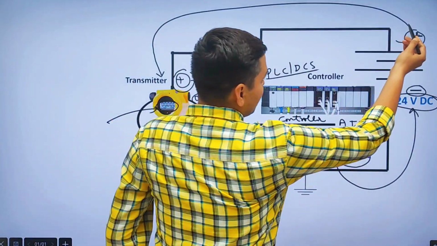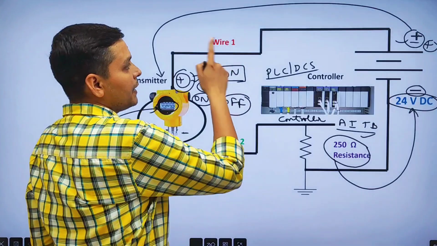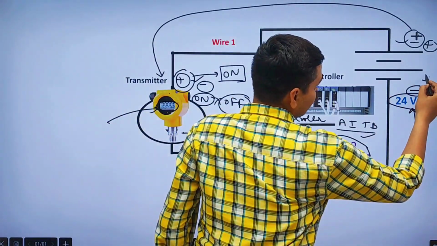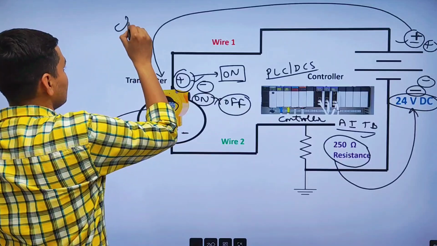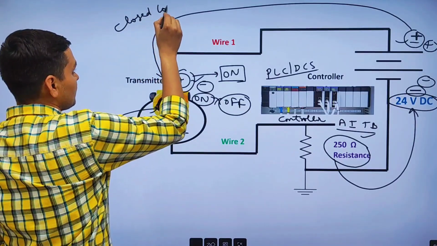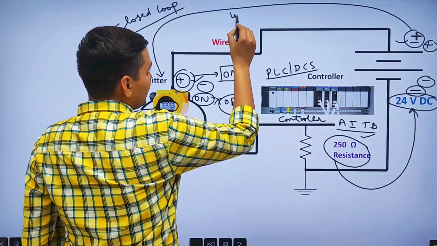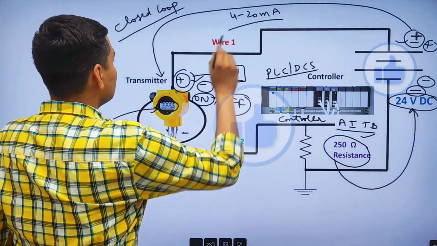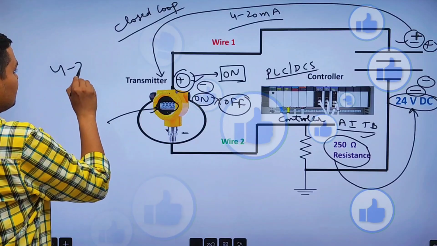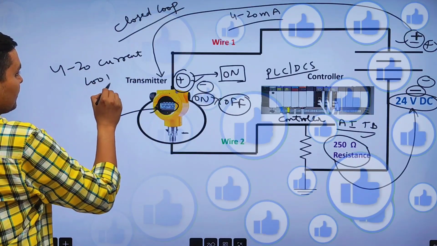So the loop starts from the positive of the 24 volt DC supply and ends at the negative of the 24 volt DC supply. So it is a closed loop. And 4 to 20 milliampere current is flowing in this loop. So this is known as the 4 to 20 milliampere current loop.